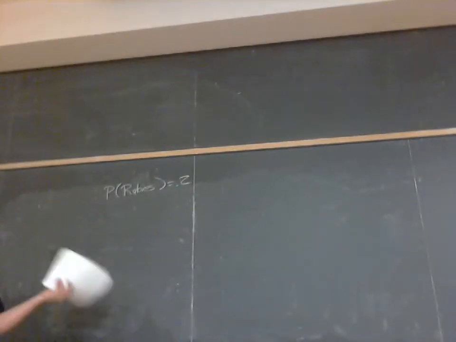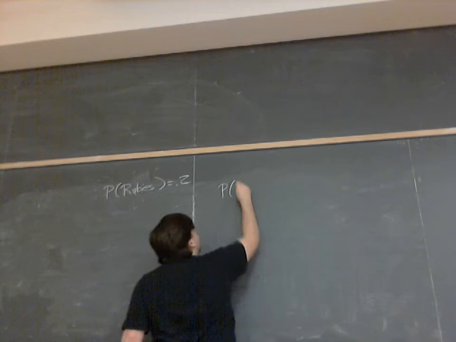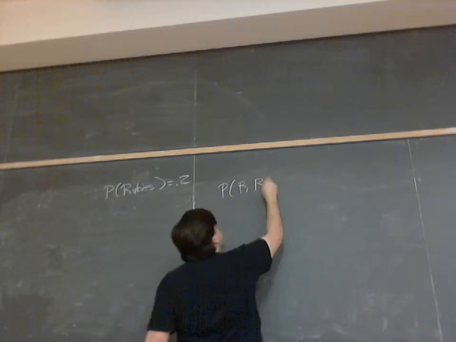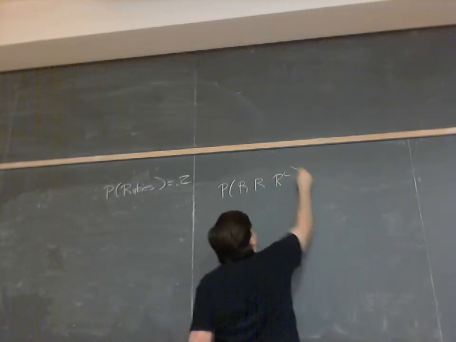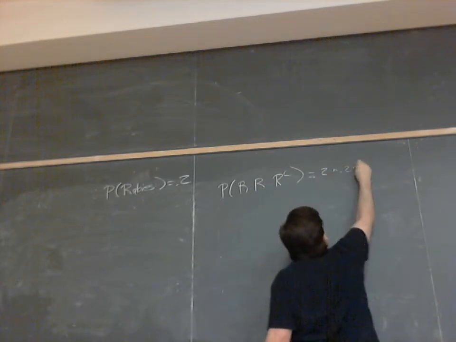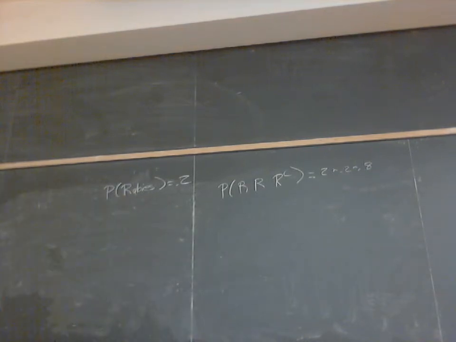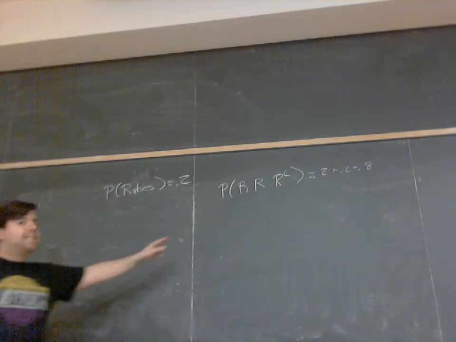So in the previous chapter, the example we just did was the probability of rabies, rabies, no rabies. We said 0.2 times 0.2 times 0.8. Why was that so simple? Well, because I gave you the exact sequence.